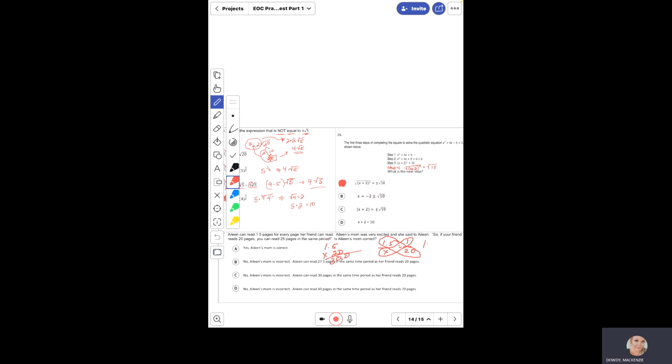So 1x equals 30. 1 can be invisible, x equals 30. So for every 1 page her friend can read, Eileen can read 30.